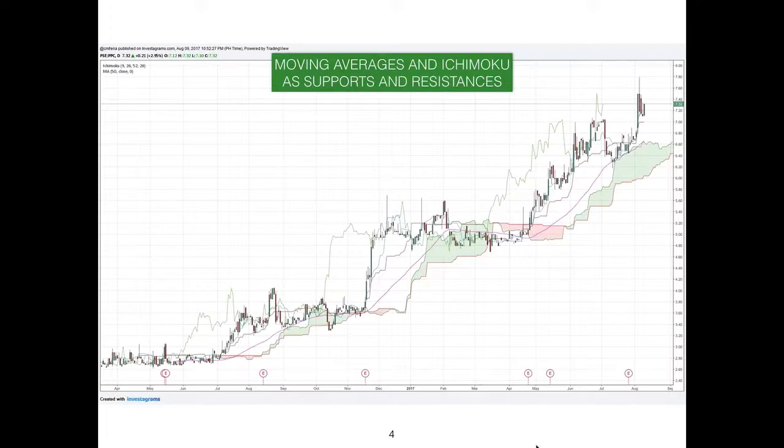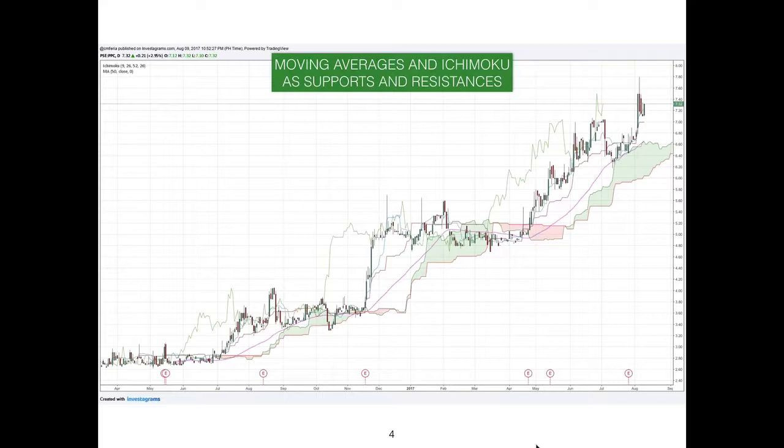So let's do a review of last week's session. This will be a very short review. Right, so last week we talked about the use of moving averages with Ichimoku.